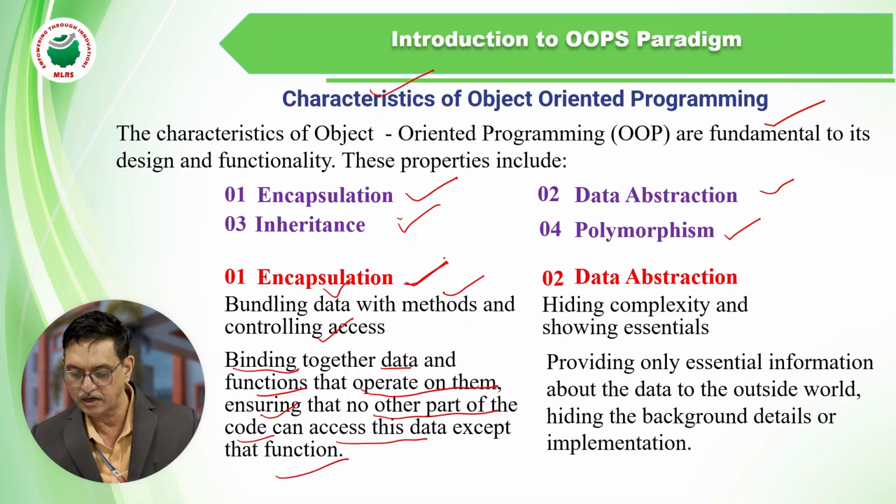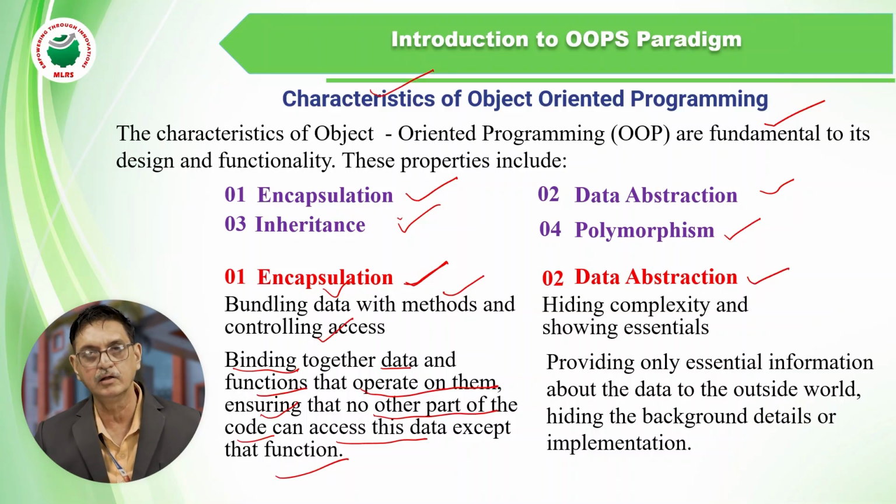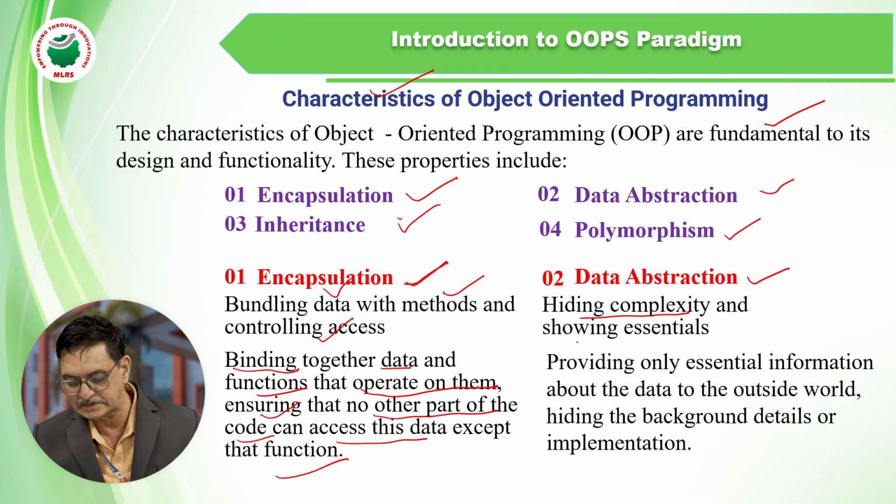Then data abstraction. Briefly, data abstraction means we are hiding all complexities from the end user and showing only the essential part of the application to the end user. So it shows only essentials and hides all complexities.